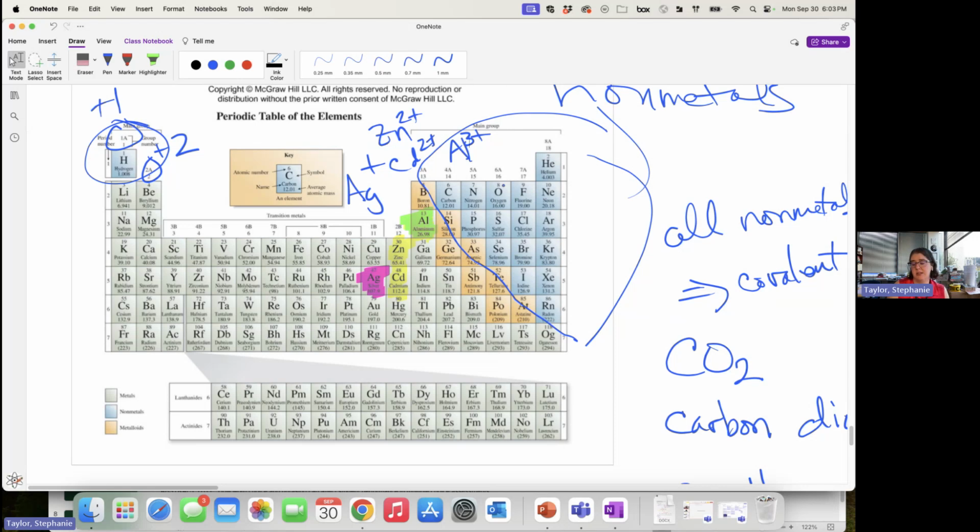This is in that chart. This is in a couple of different places, so you should be able to find these. So aluminum chloride, silver nitrate, zinc oxide: no Roman numerals. You don't need them. They always have the same charge. No need to specify.